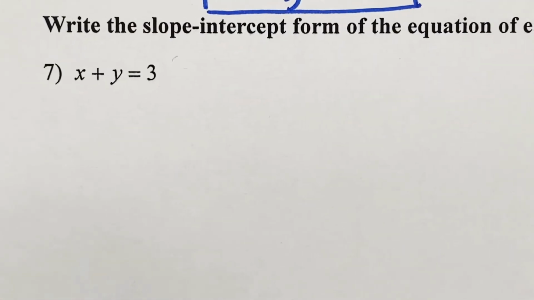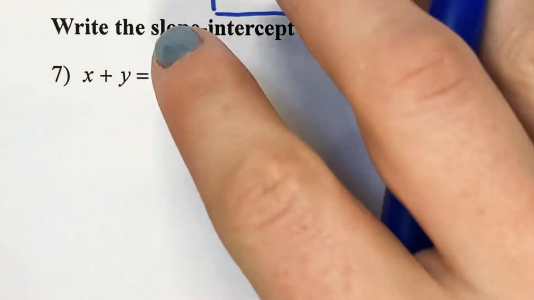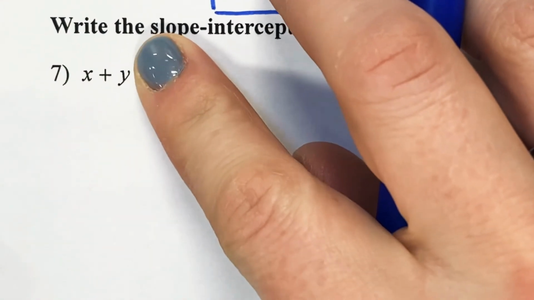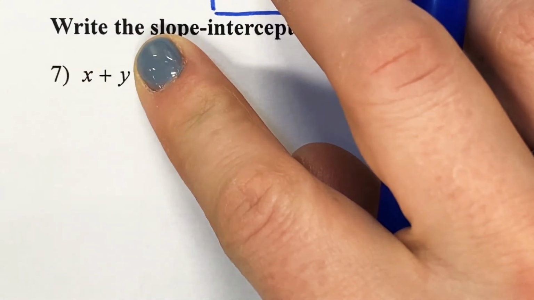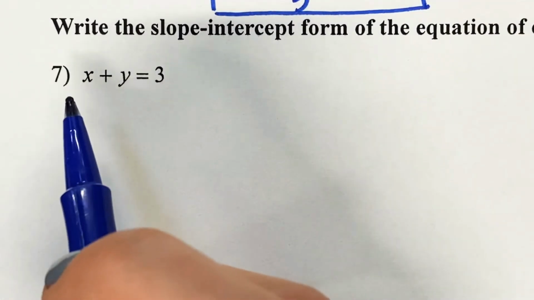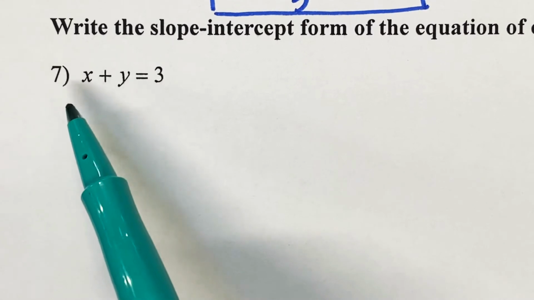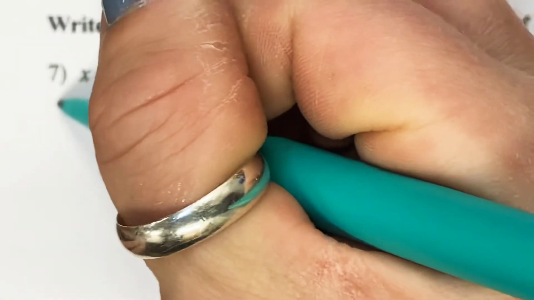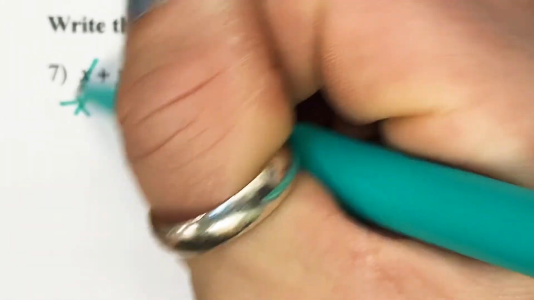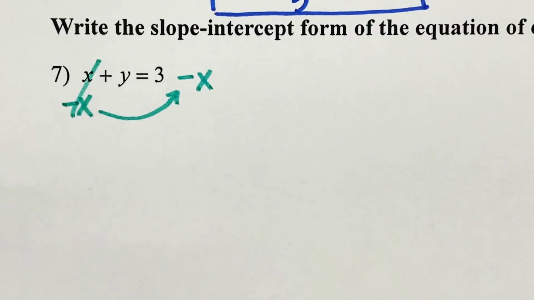Okay, so what is the only thing you see that is on the same side as my y? Okay, so if we're looking at this side, what's the only other thing? It's this x. Okay, so when we have a positive x, how do we move a positive x? What's the opposite of positive x? It's going to be a negative x. Okay, that cancels it out, and it moves it over here.